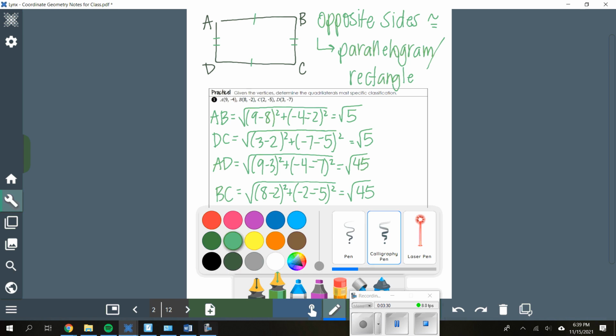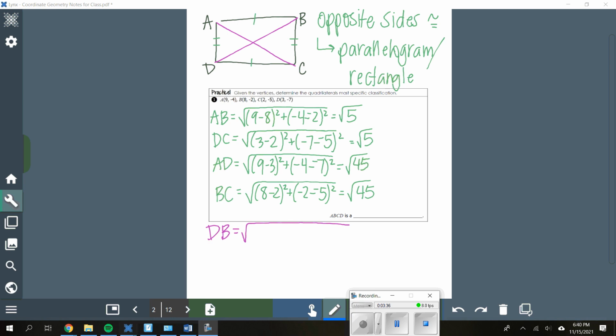I now need to run my diagonals. I have D to B and A to C. So DB, x minus x, 3 minus 8 squared and added to y minus y, negative 7 minus 2 squared, radical 50.